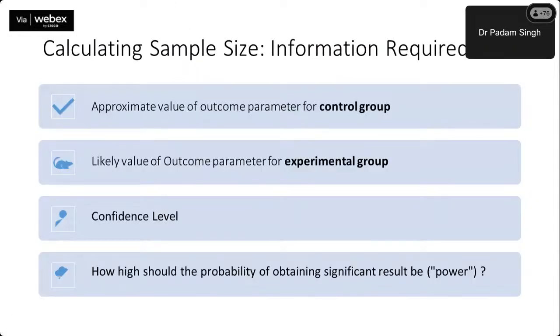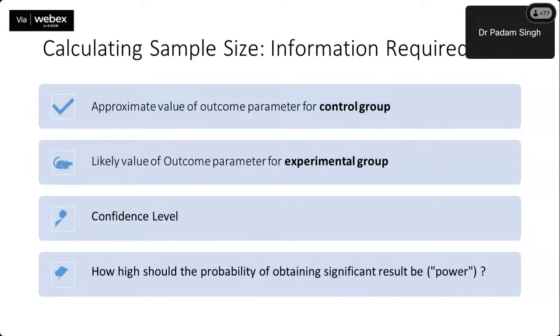Now, come to sample size. We cannot calculate sample size just like that. When we calculate the sample size for these interventional studies, some minimum information is required. And please see what information is required.